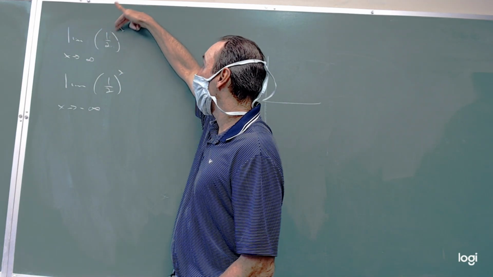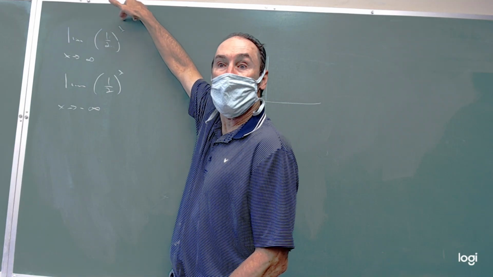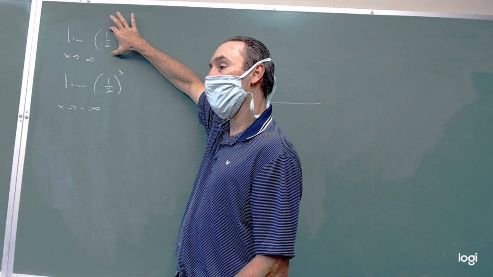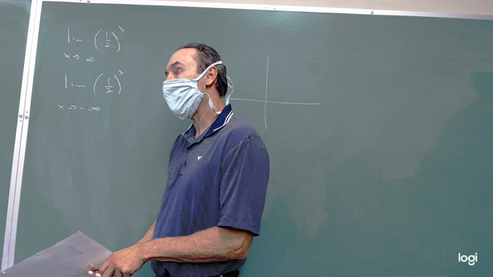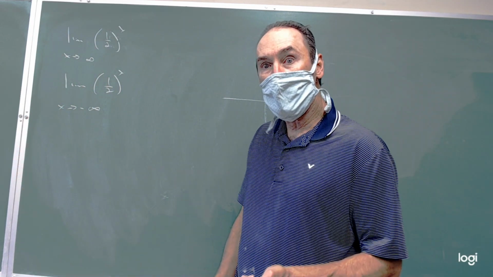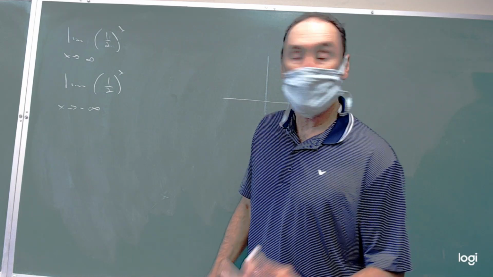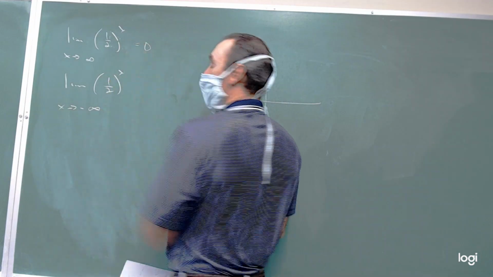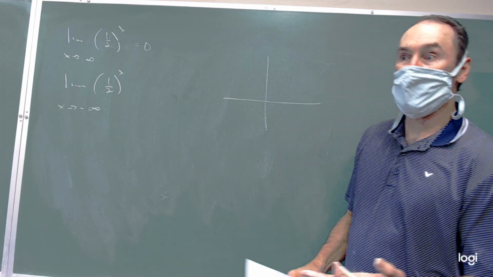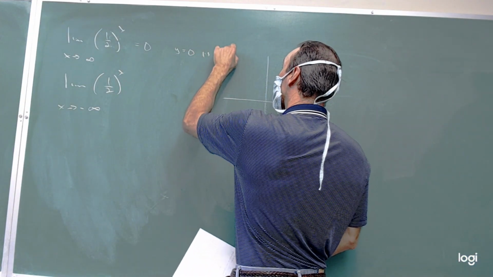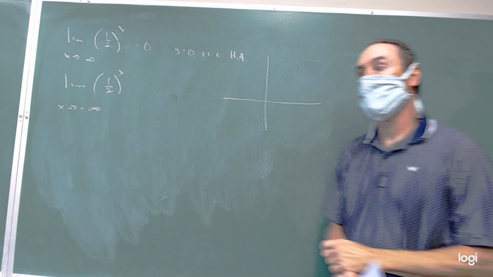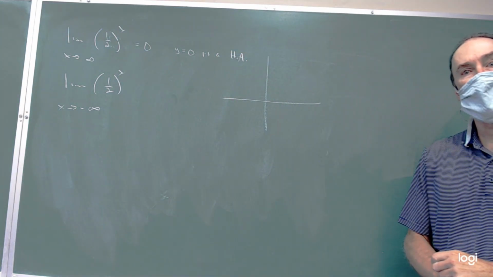Now, if you do that over and over and over again, 100, 1,000, 1,000,000 times, then this is going to get closer and closer to 0. And that's what we mean by a limit. It doesn't have to actually ever equal that. It is just getting closer and closer to that number. So we say that is 0. And because that's a finite number, we say that y equals 0 is a horizontal asymptote for the graph y equals 1/2 to the x.